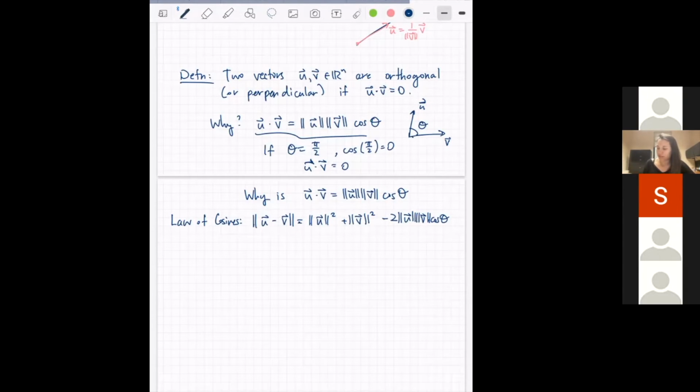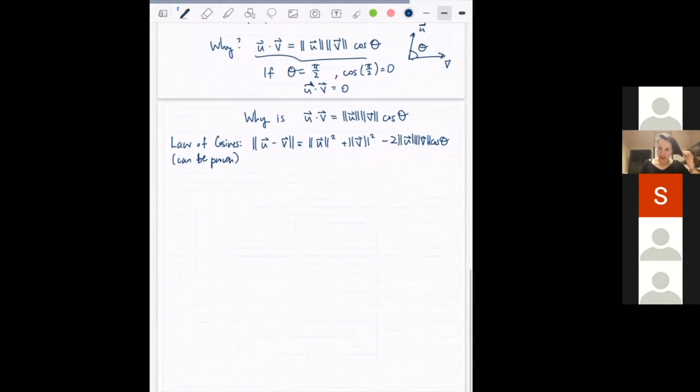So I'm just going to assume that this is true and it can be proven, but we will not do that. Yeah, there are fun little proofs of that.